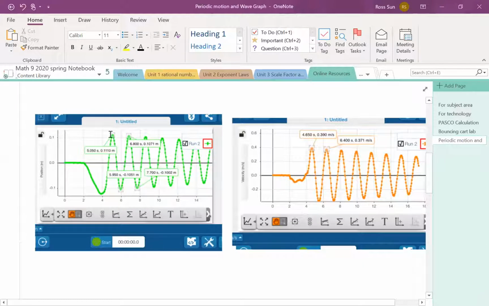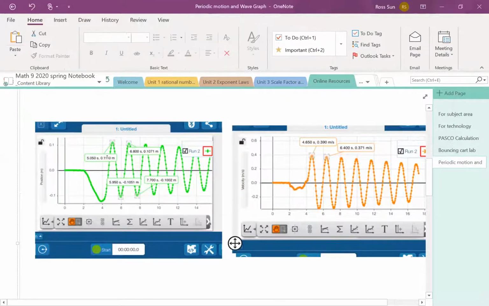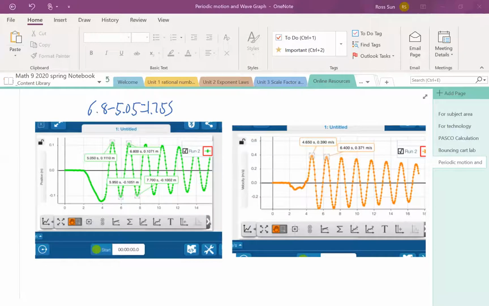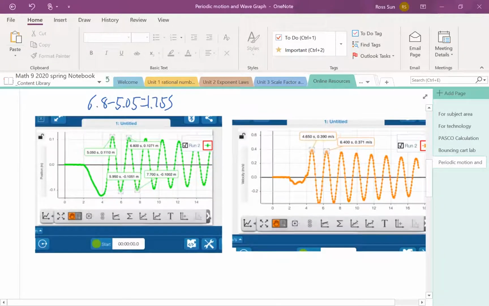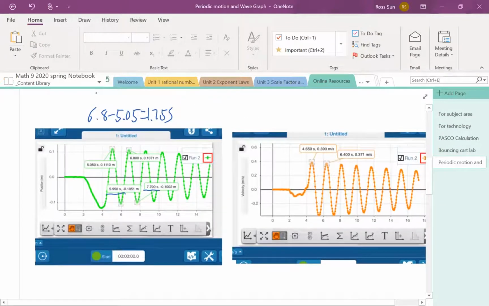So those are the position time graph I just showed you, and those are the points I just labeled. And then you can see like this is 6.8 minus 5.05, which is 1.75 seconds. This is from the crest, and then from the trough, which is 7.7 minus 5.95, you get the same answer, 1.75 seconds as well.